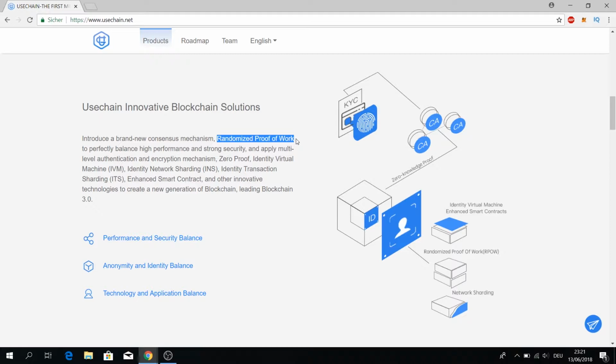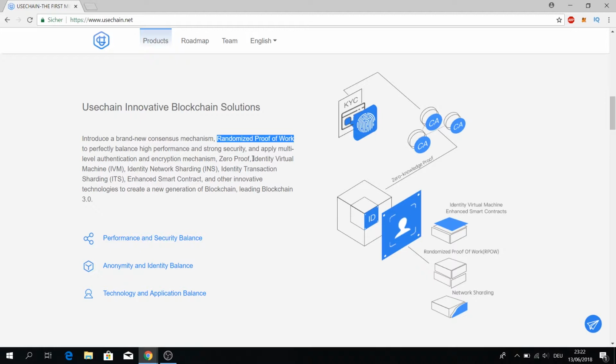But that also means that if somebody has more than 50% of the mining power, that person or party can have influence on the blockchain. With a randomized proof of work, the chance that somebody will take over and control the blockchain is much lower.